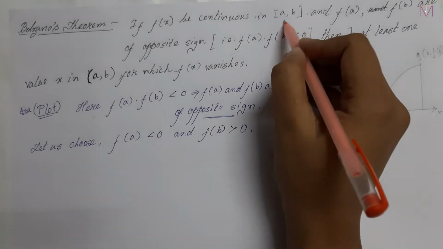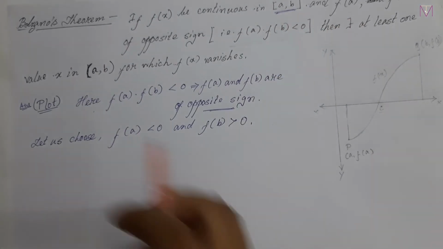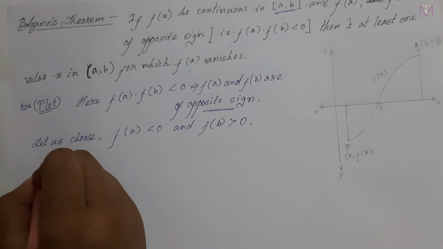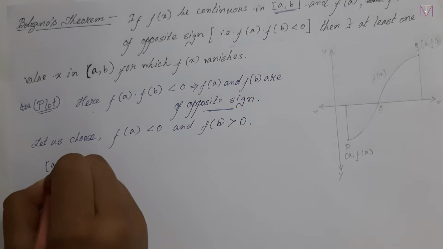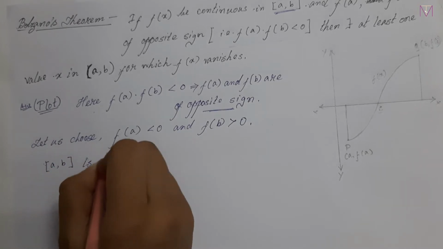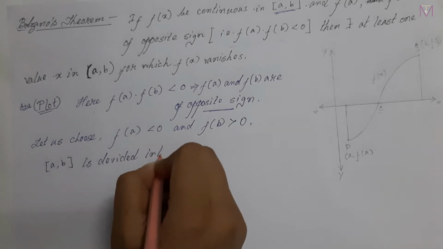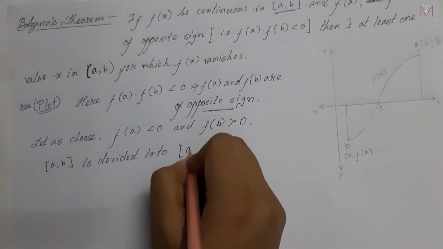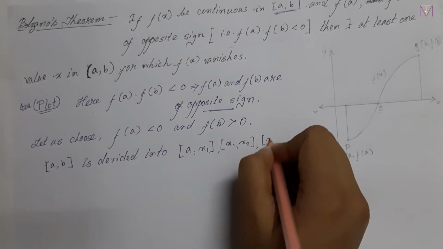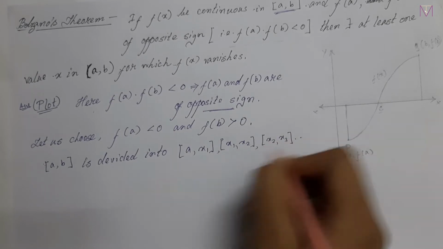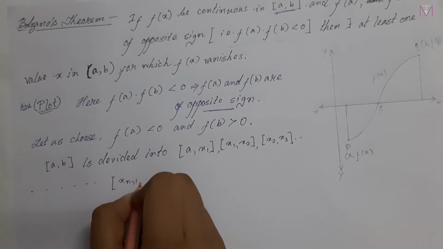So first we will divide this interval into n subintervals. The interval (a, b) is divided into (a, x1), (x1, x2), (x2, x3), and in this way (x(n-1), xn).